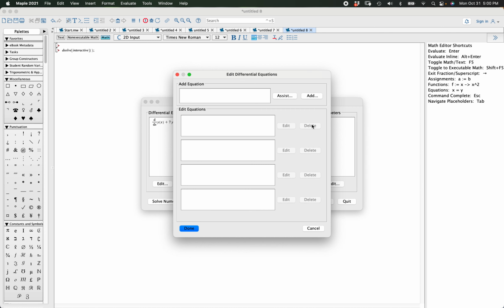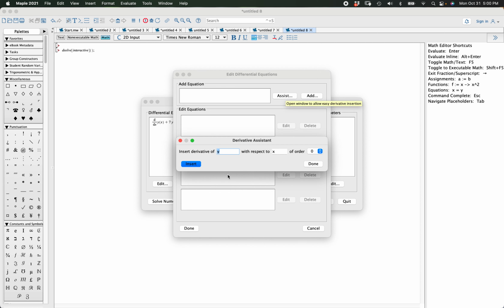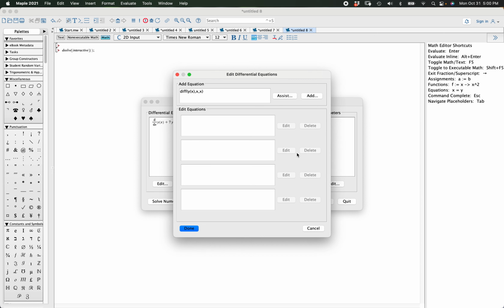Now for the second function, I'm going to delete this first equation, and we look at y double prime plus 25y is equal to 0. For Assist, we have y with respect to x of the second order, insert, and we have plus 25 times y of x, and we have is equal to 0.